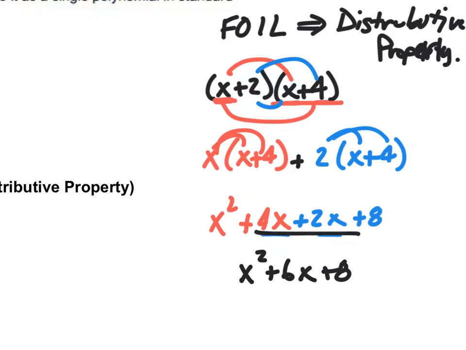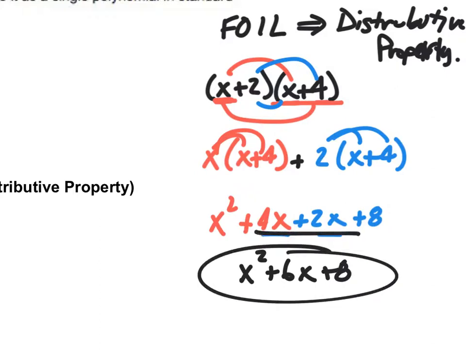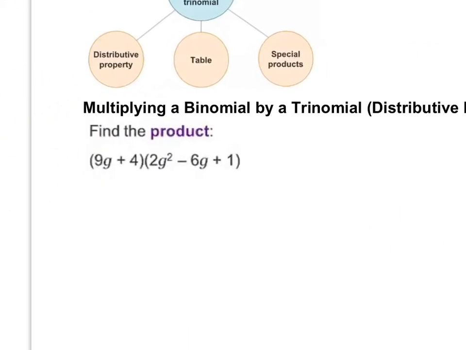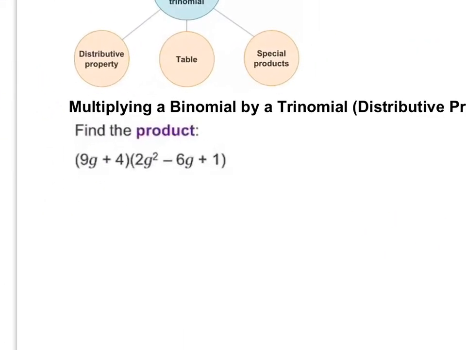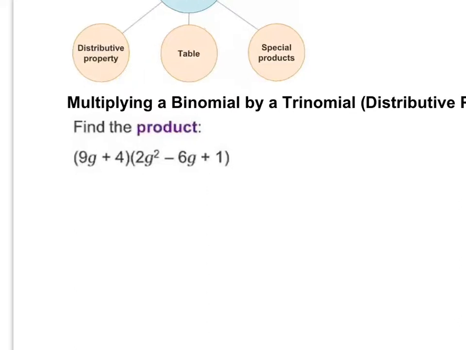So what I'm showing you is that when you do FOIL, you're really doing the distributive property, but you're doing it twice. You're taking this x times this whole binomial, and this 2 times this whole binomial. The reason I showed you this is because when you have a binomial and a trinomial, you really have to use the distributive property, okay?